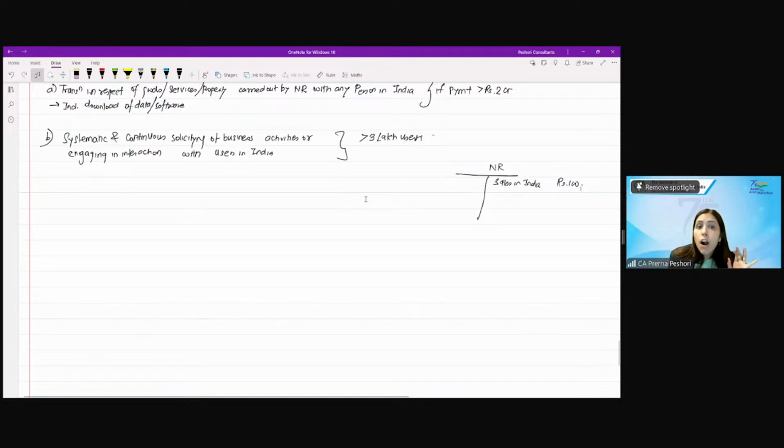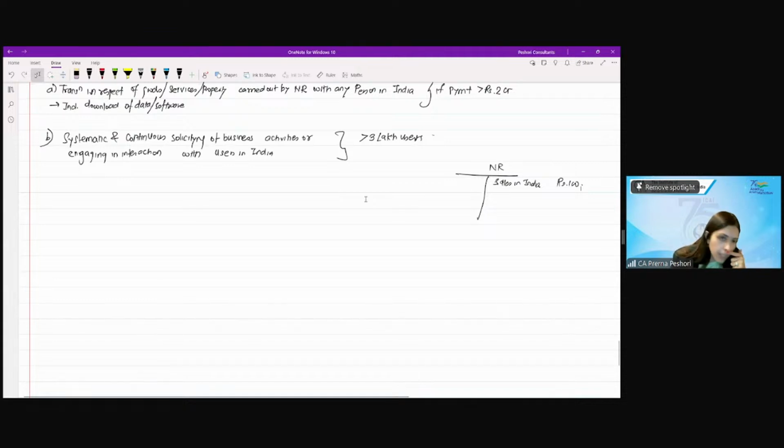All income accruing or arising through or from a business connection in India. All income. Is income the gross receipts or the net income? It is the net income, right? As I told you, income is the profits. It is not the gross receipts, right?